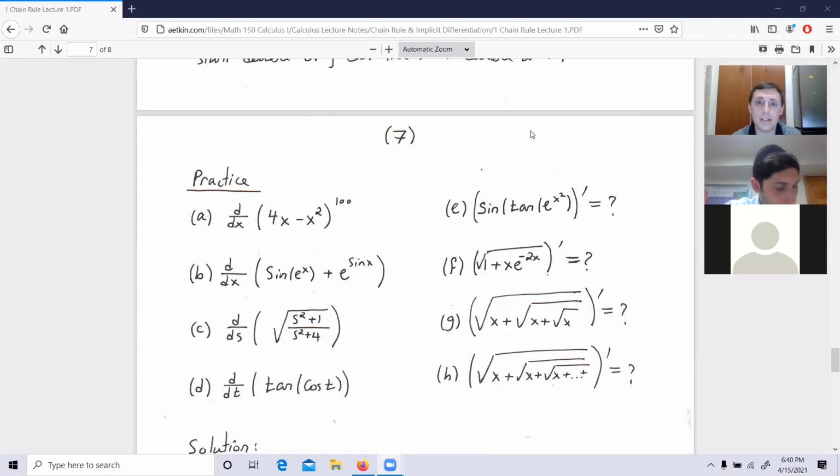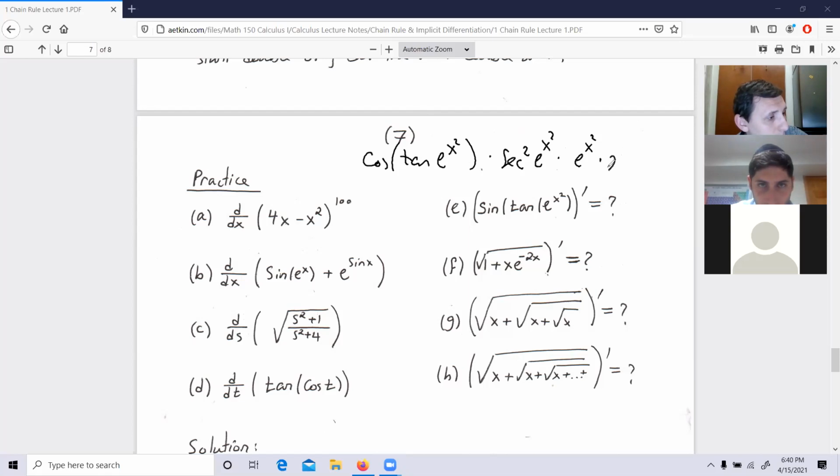Well, it looks nice. I don't know. What's the derivative, guys? Very simply, derivative of sine is cosine of everything inside, tangent e to the x squared, times derivative of tangent is secant squared e to the x squared, times the derivative of e to the x squared, which is e to the x squared times 2x. Yeah?